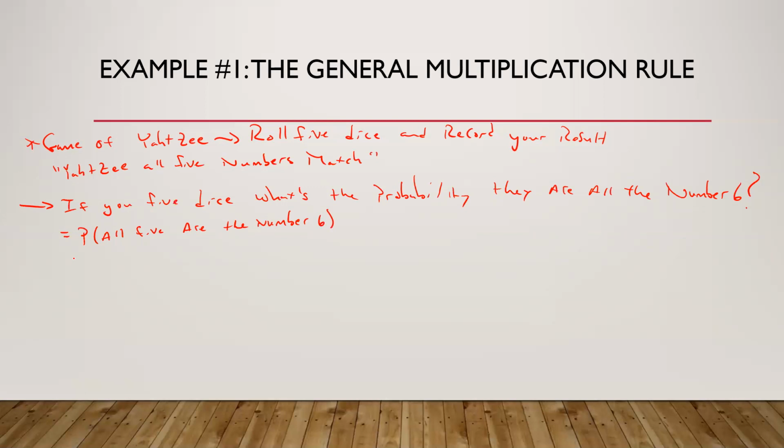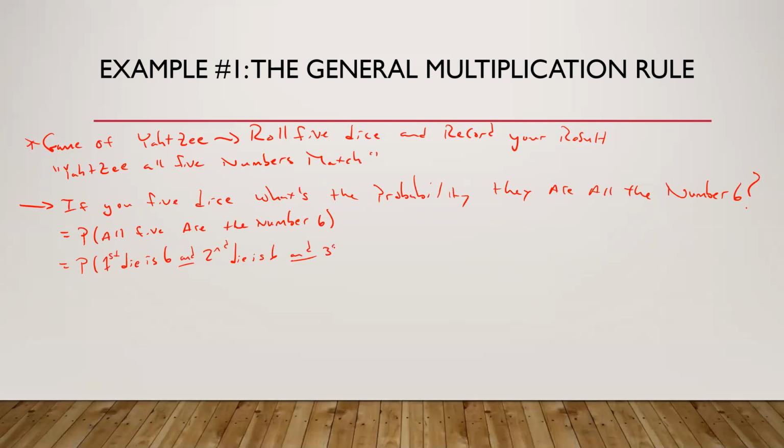The first die has to be a 6. Would you agree? What does the second die have to be? 6. So if I want them all to be the number 6, would I write an or or an and between them? And. So the first needs to be a 6, and the second needs to be a 6.